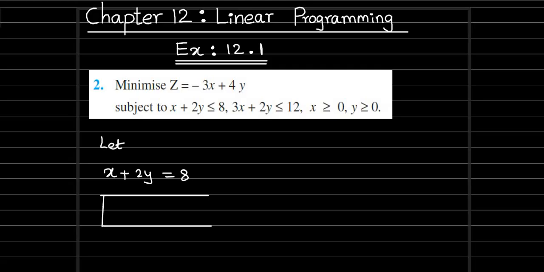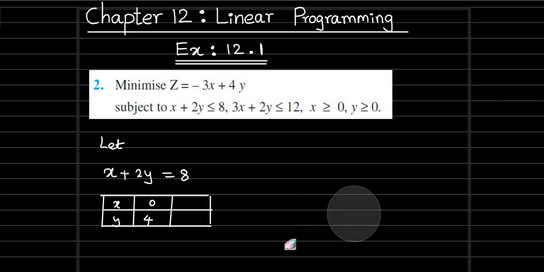So I am going to identify 2 coordinate points which satisfy this equation. If x equal to 0, 2y equal to 8, y equal to 4. So if x is 0, the y value is 4. If y equal to 0, what will be the x value? x will be 8.